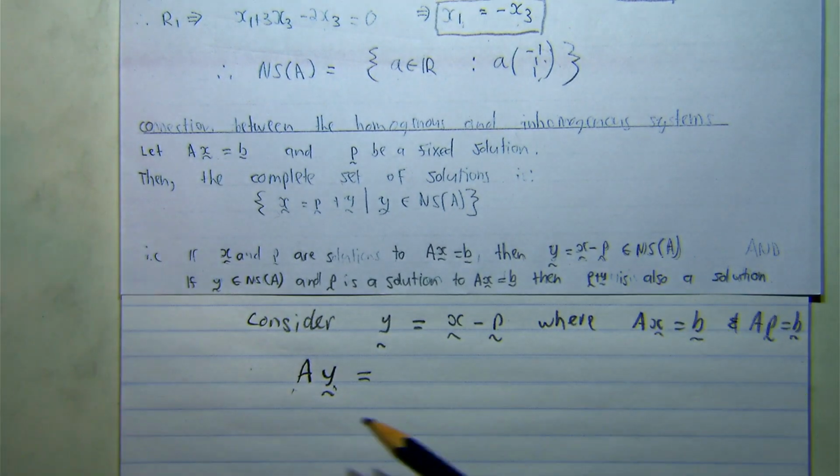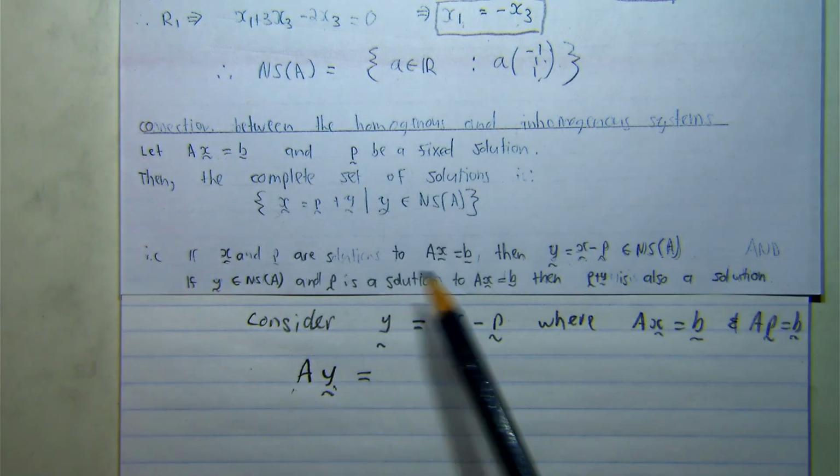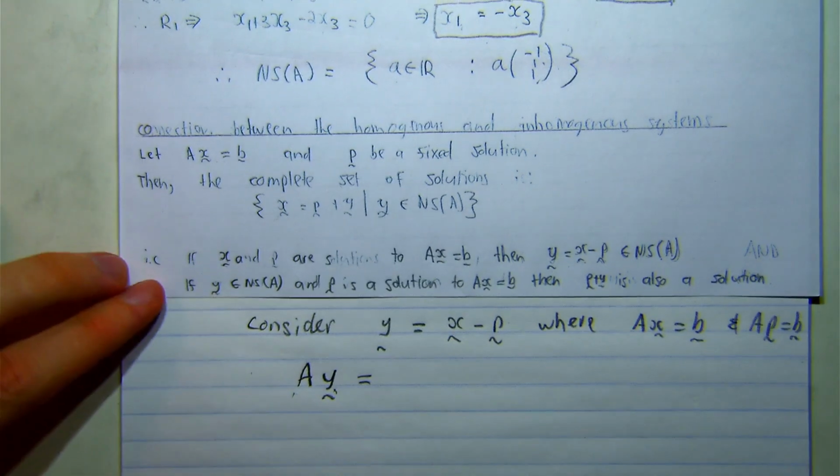So we're investigating, does this equal 0? Because if this equals 0, Y is in the null space, and that's what this theorem is claiming.